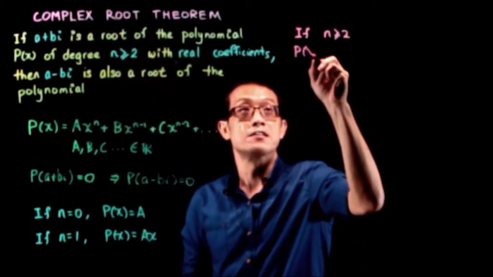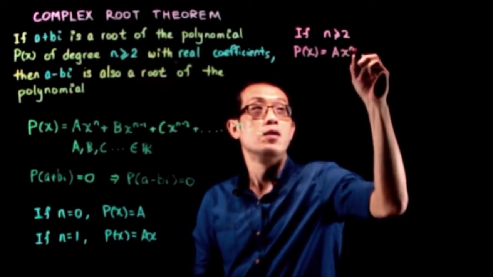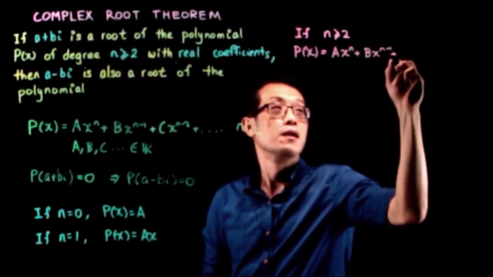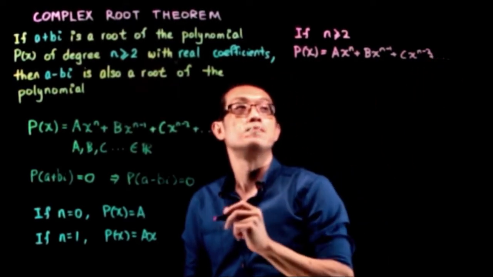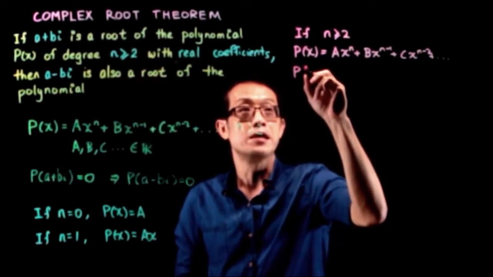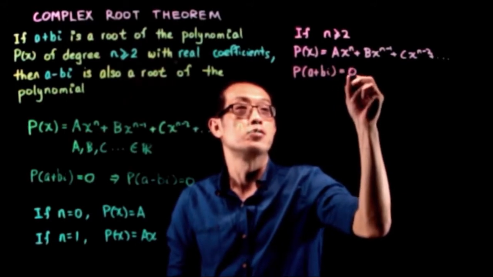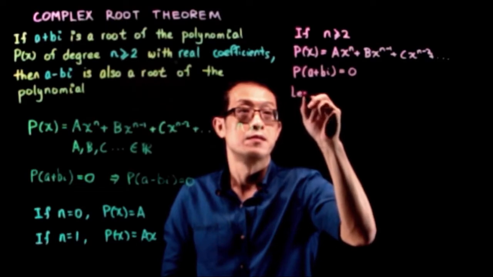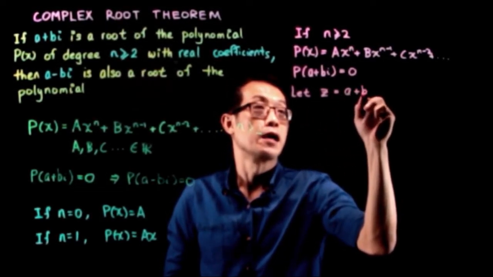Your p of x, as what we have shown earlier, can be written as this. Then p of a plus bi must be equal to 0. Now let z be equal to a plus bi.